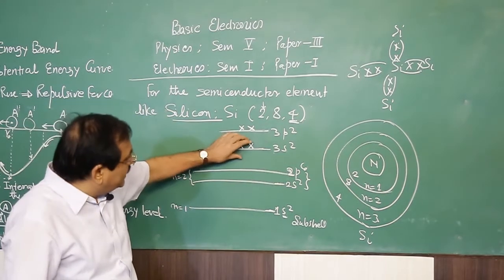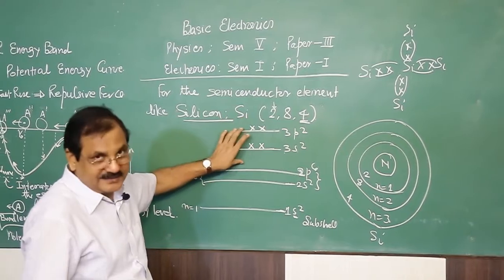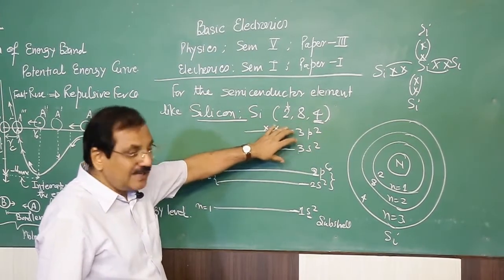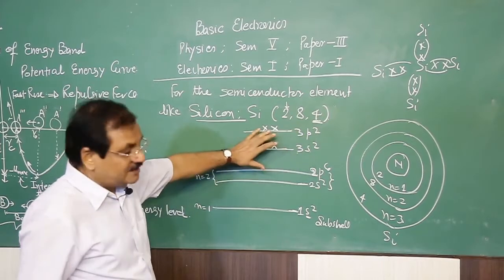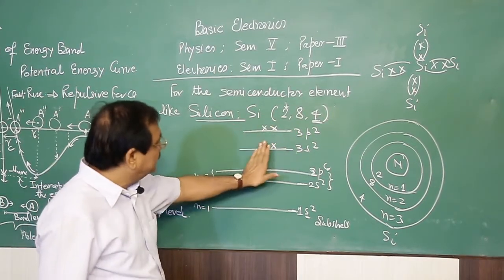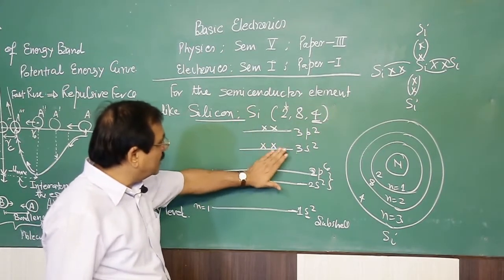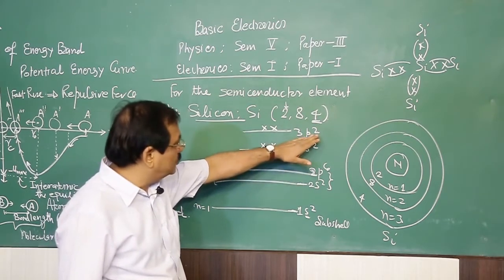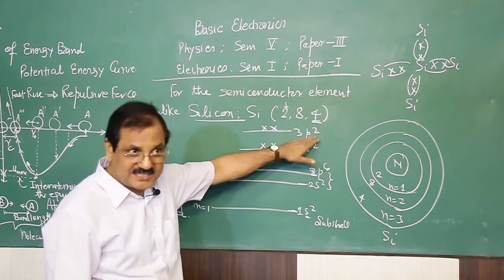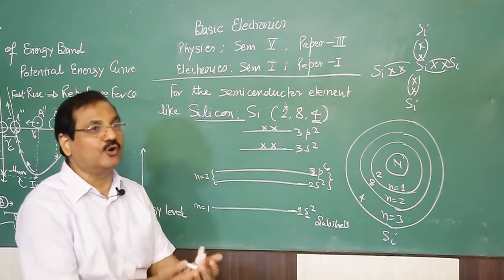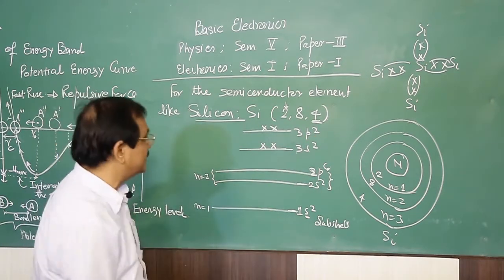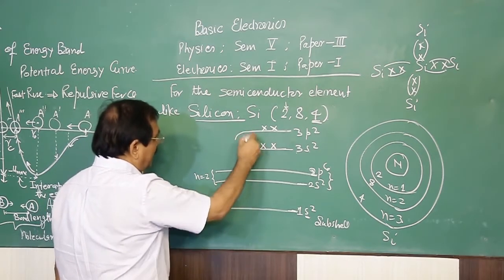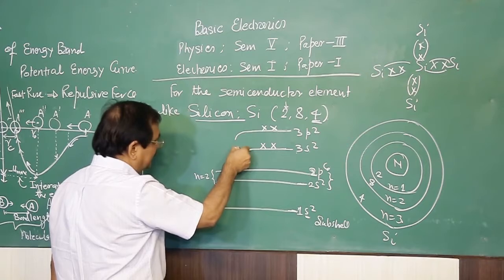Now, these 2 electrons are separated with some energy, but due to hybridization, these 2 electrons from the s subshell combine with 2 electrons of the p subshell to form all 4 electrons of the same energy state. How does this hybridization take place?